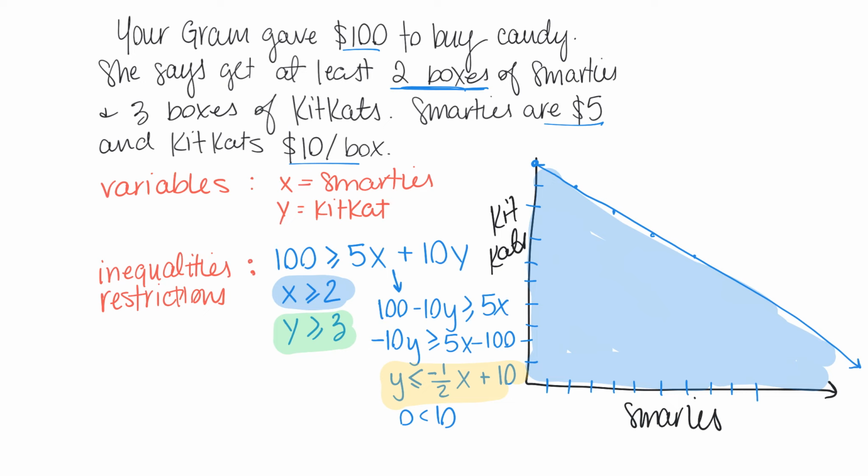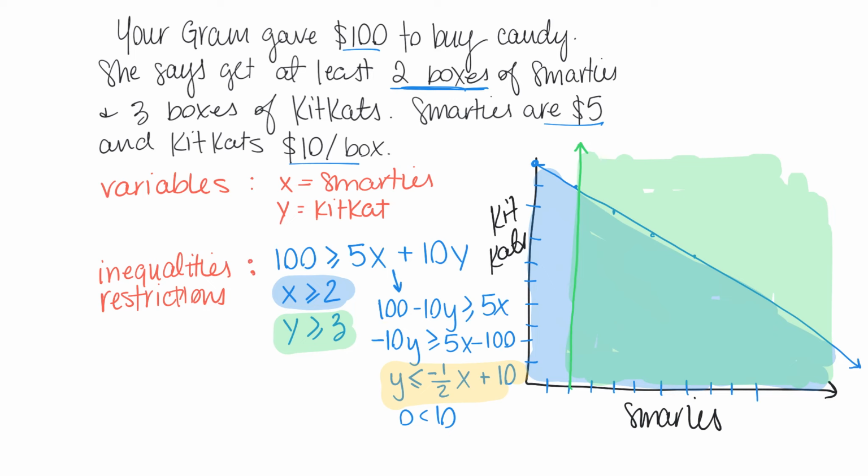All right, now, x has to be greater than 2. So I'm going to come over to my x. X has to be greater than 2. So that's going to look like this. And I'm going to shade that where x is greater than 2. If I put in 0, 0 is not greater than 2, so I'm shading the opposite side. Okay? And then I also have y is greater than 3.